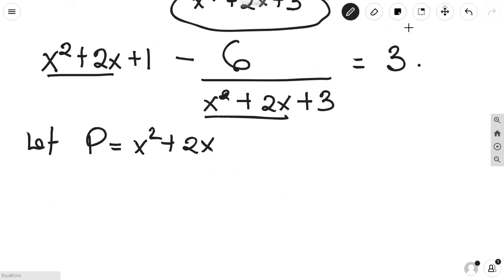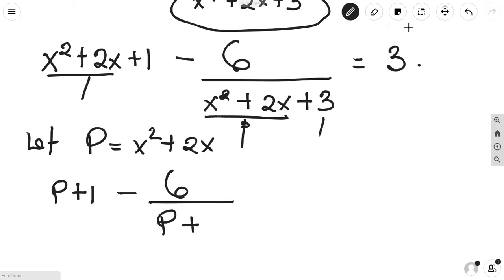If you do so, the equation reduces to, instead of x² + 2x here, we have p + 1 minus 6 divided by, instead of x² + 2x here, we have p, and then you add 3 to it. Equate the left-hand side to the right, which is 3.